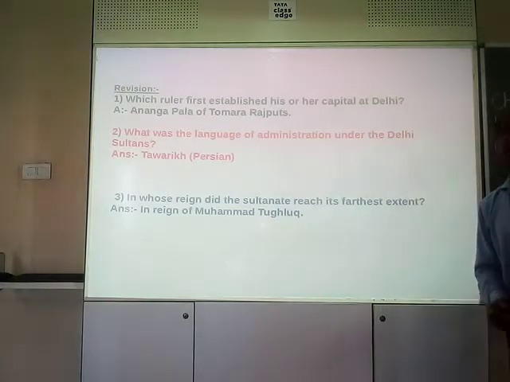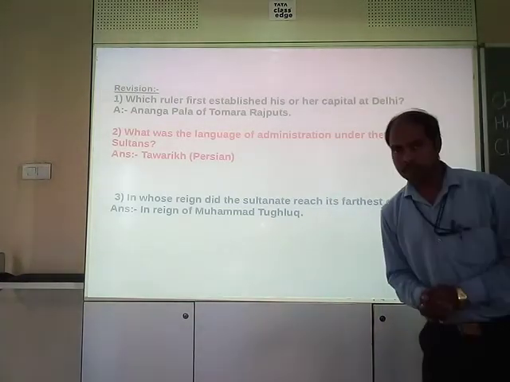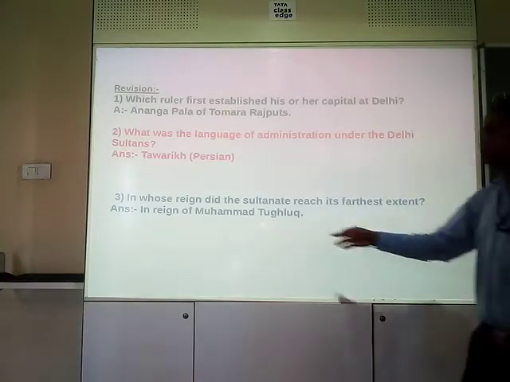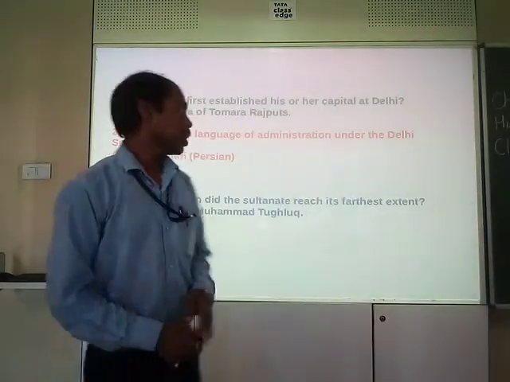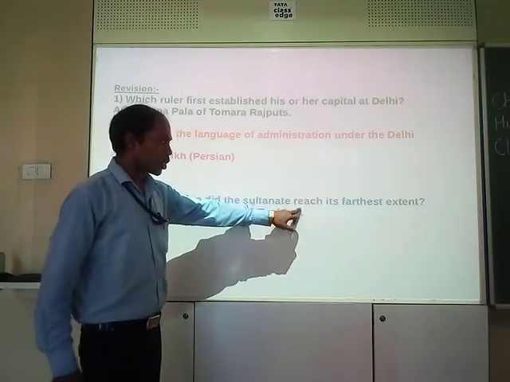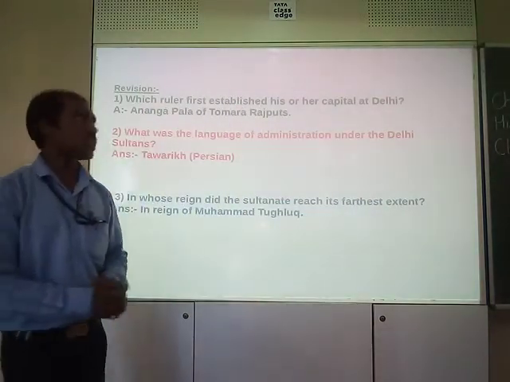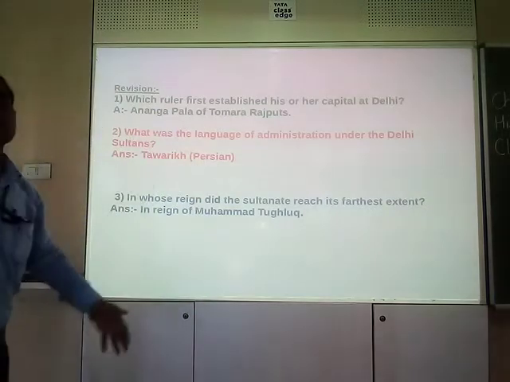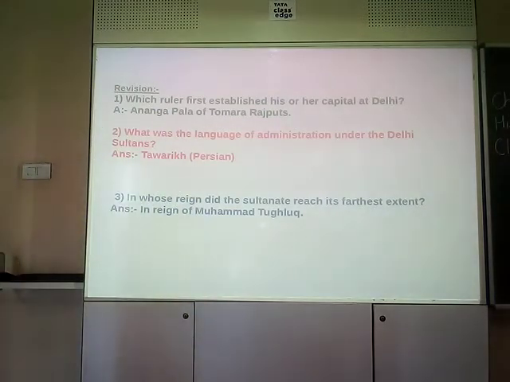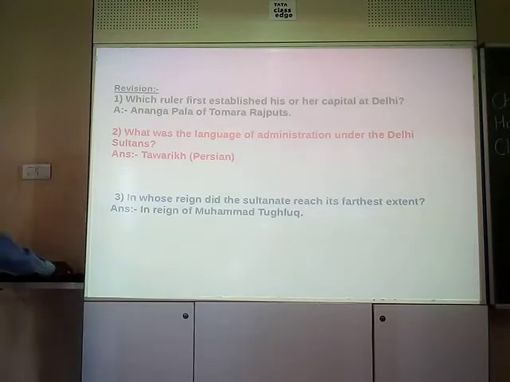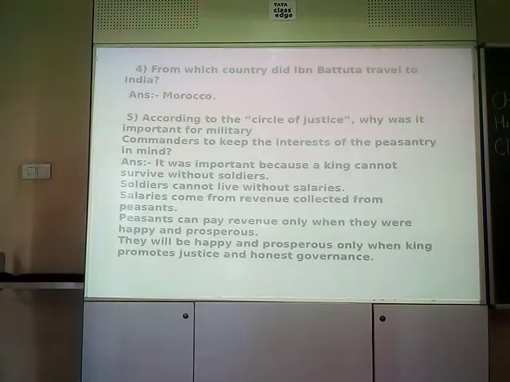That means Delhi was a renowned kingdom. So the Sultanate reached its farthest extent during the rule of Muhammad Tughlaq. I don't think there will be any problem with these short questions. Let's proceed with the next questions.